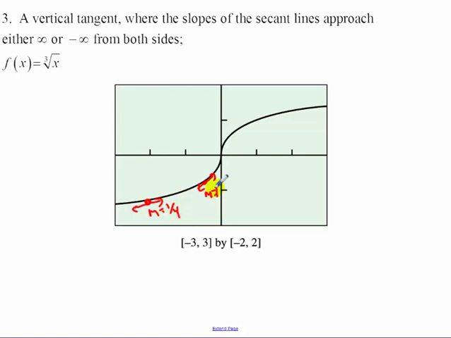But as I get real close in here, its slope is getting closer and closer to the slope of a line that wouldn't exist. So the slope of each one of these tangent lines is getting bigger and bigger and bigger. A lot of times that's going to happen with cubic root functions, or say fifth root functions and functions like that.